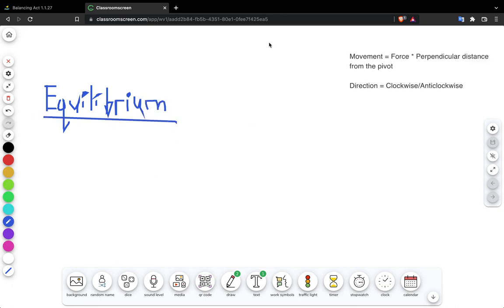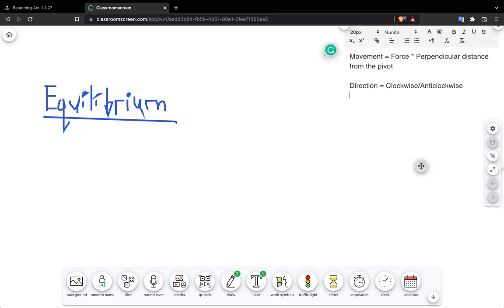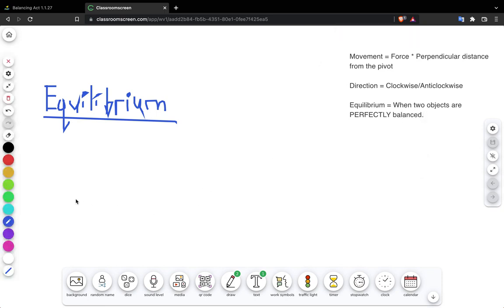It means, let me just write that down, equilibrium: when two objects are perfectly balanced.